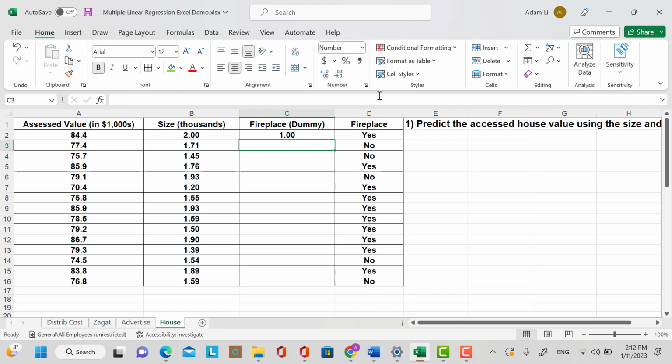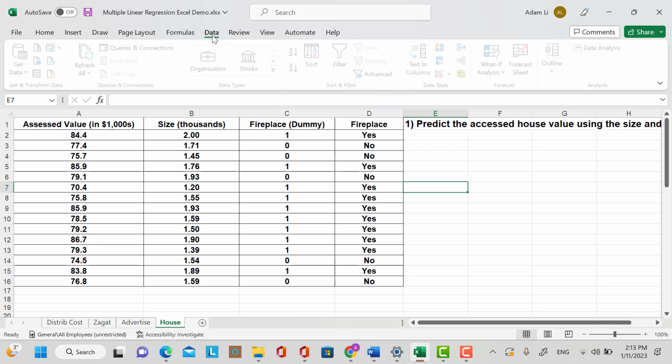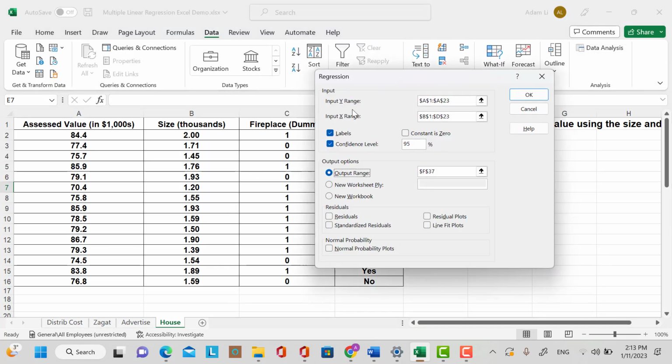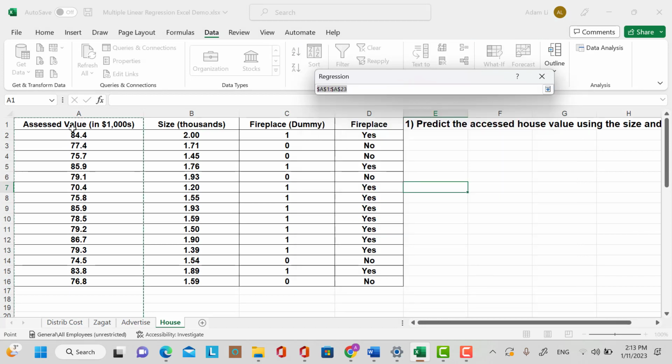All right, now if you enter and scroll down a little, you get all of these numbers. Reduce to 0 decimal places. Now let's run the analysis using Data Analysis, then Regression. Input range is A1 all the way to A16.